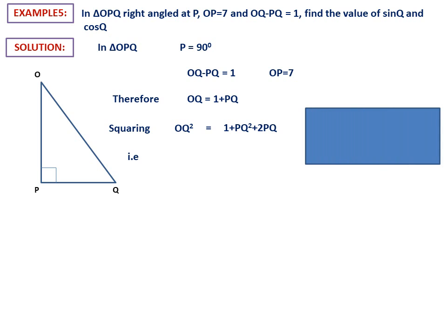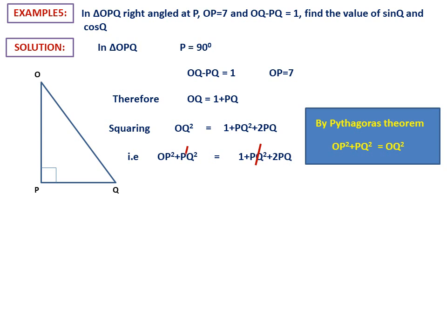Now we have to use one more thing. What is OQ square? OQ is the hypotenuse. Therefore, OQ square will be equal to OP square plus PQ square. Substituting on the left side, OP square plus PQ square is equal to the right hand side, 1 plus PQ square plus 2PQ.